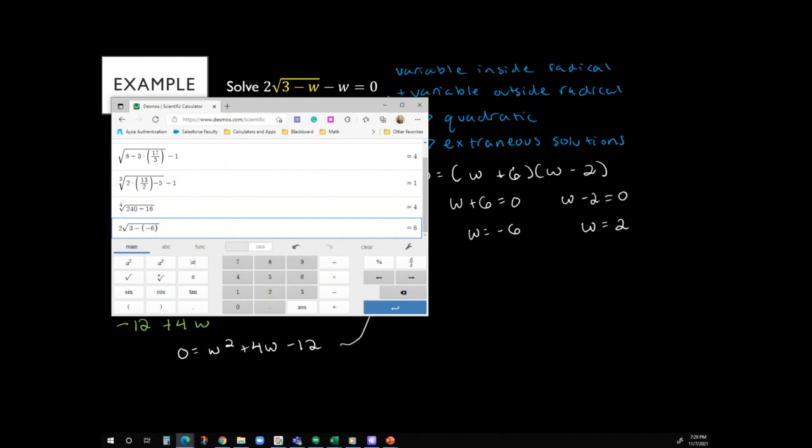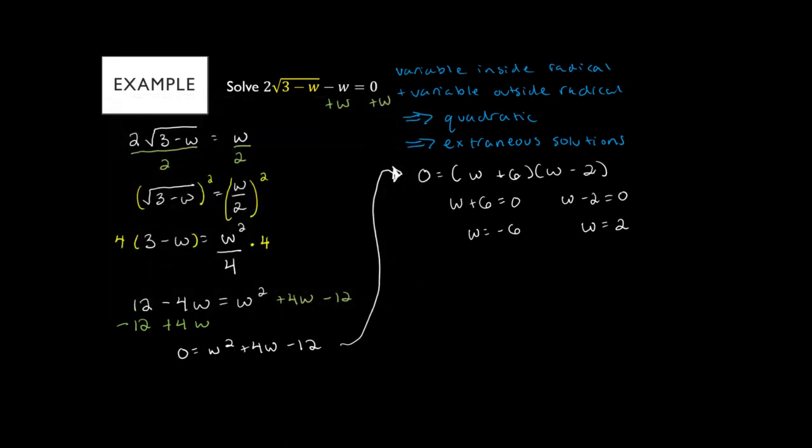And then outside of that, we have minus w, so minus negative 6. And you can see that that gives us 12. We want to get 0. So when we're checking, this doesn't work. It doesn't give us 0, it gives us 12. So w equals negative 6 is not a solution that works. It's extraneous.